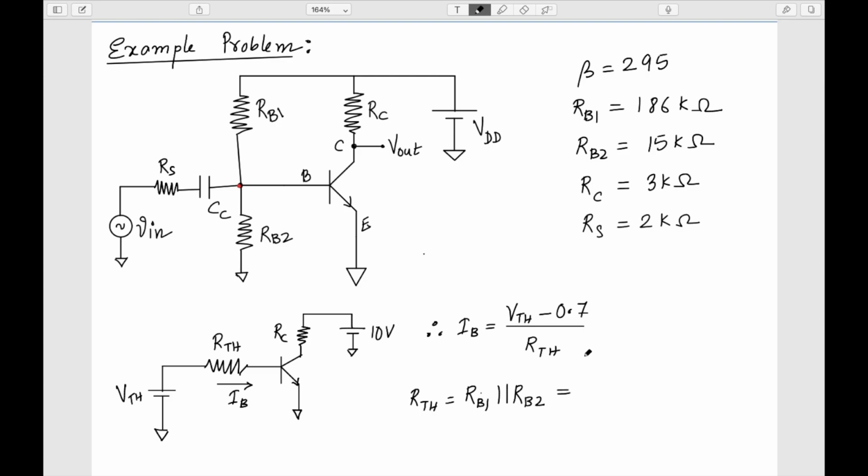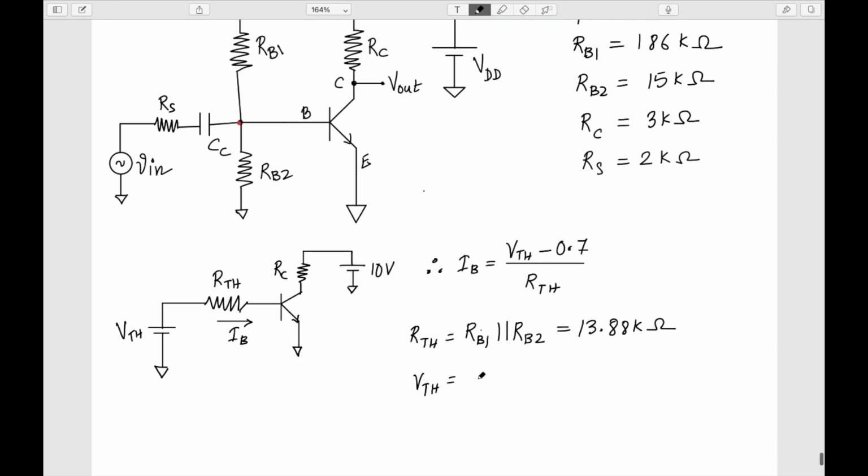If I calculate the parallel combination of RB1 and RB2, I get a value of 13.88 kilo ohms. And of course VTH, as we have seen previously, is given by VDD times RB2 by RB1 plus RB2, and this comes out to be 0.7464.